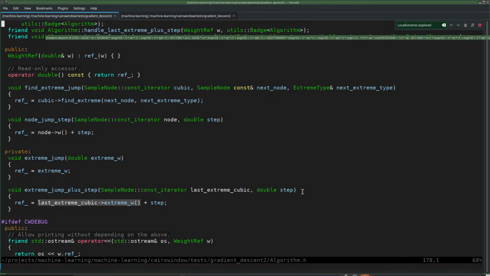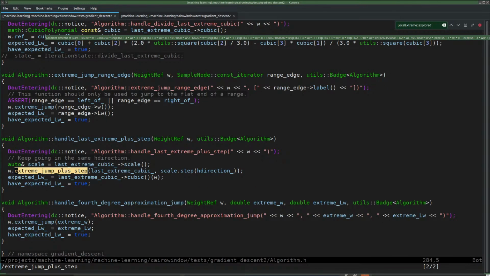And now with a step of 0. Yeah, this adds scale. I can't call that one. And the last extreme plus step, so without step. Just have to add a new function here.